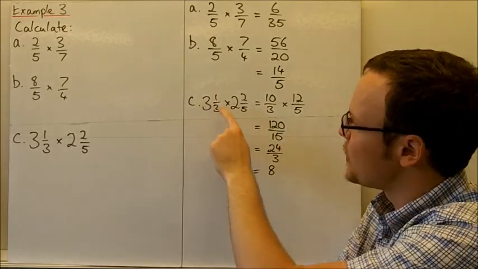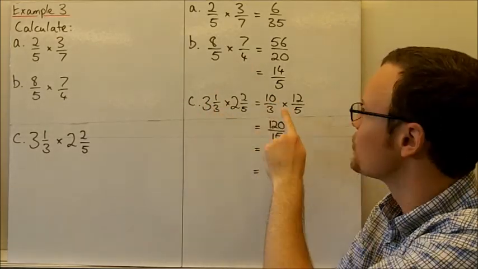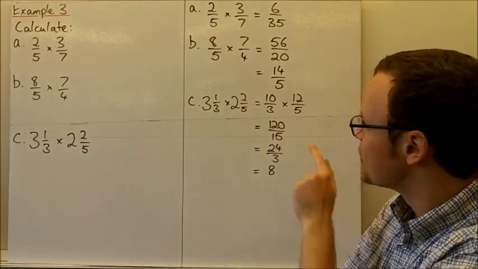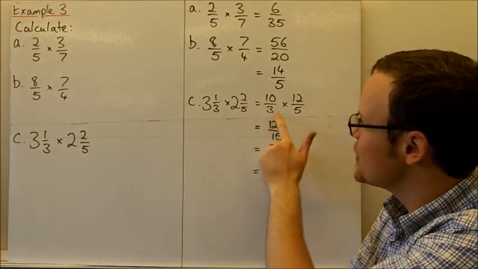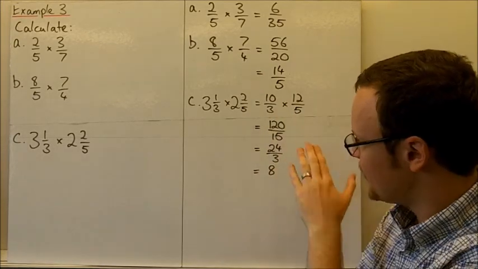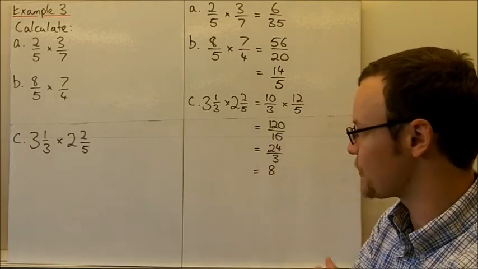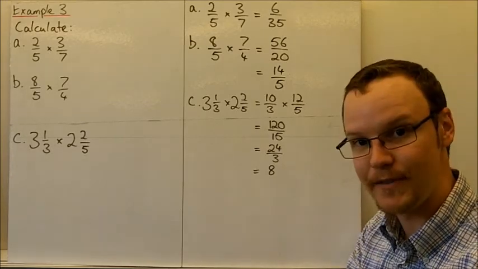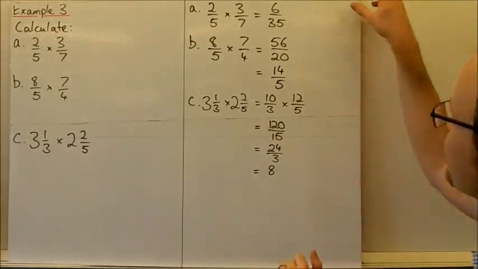So 3 and 1/3 is 10/3, multiplied by 2 and 2/5, which is 12/5. So 10 times 12 is 120, 3 times 5 is 15, and that simplifies down to 8. We can even put this into our calculator, and 120 divided by 15 will yield 8.